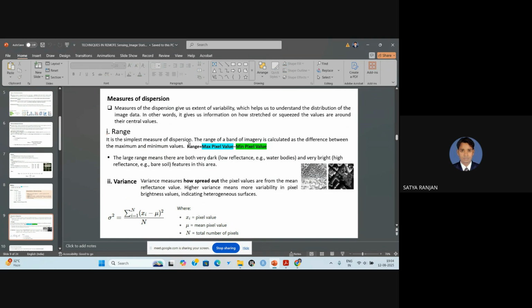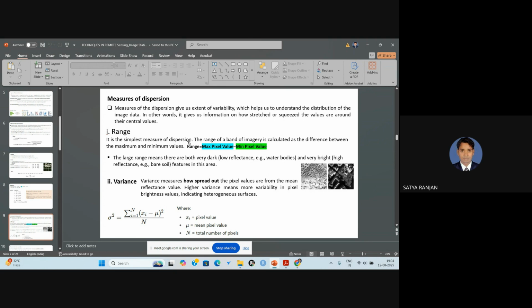Then there is the measure of dispersion. Generally it helps us understand the distribution of the image data. In other words, it gives information on how stretched or squeezed the values are around their central values. So whether it is skewed towards one side, or equally distributed, or a particular value is concentrated in particular areas.